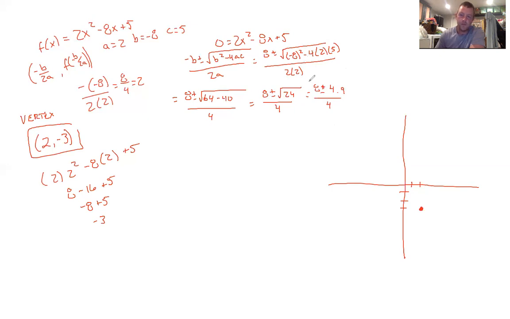Okay, and then you work it out. Okay, and whatever you get there, that's your x values. And so the first one, 8 plus 4.9 would be 12.9 divided by 4. That should be around 3.2.